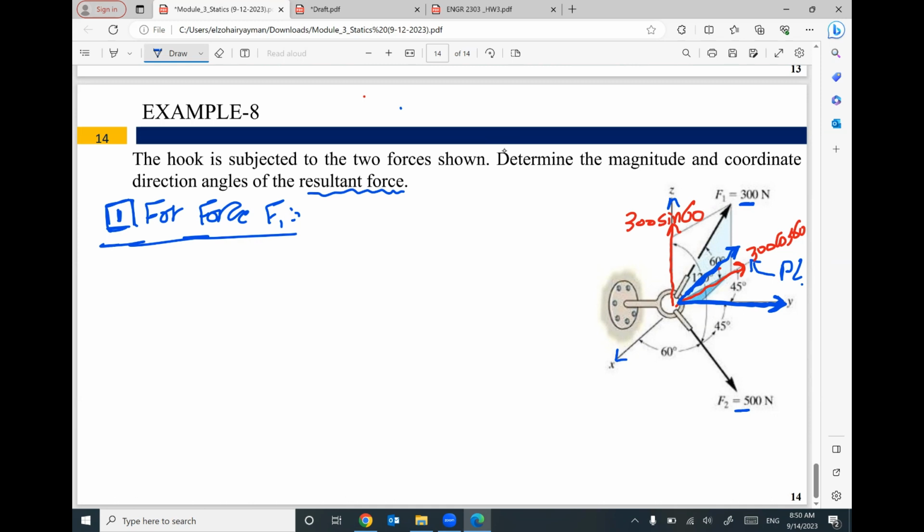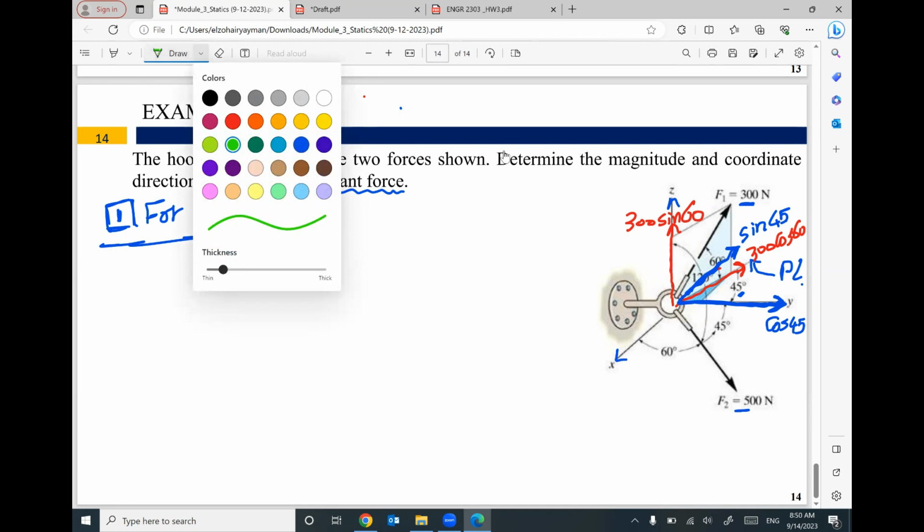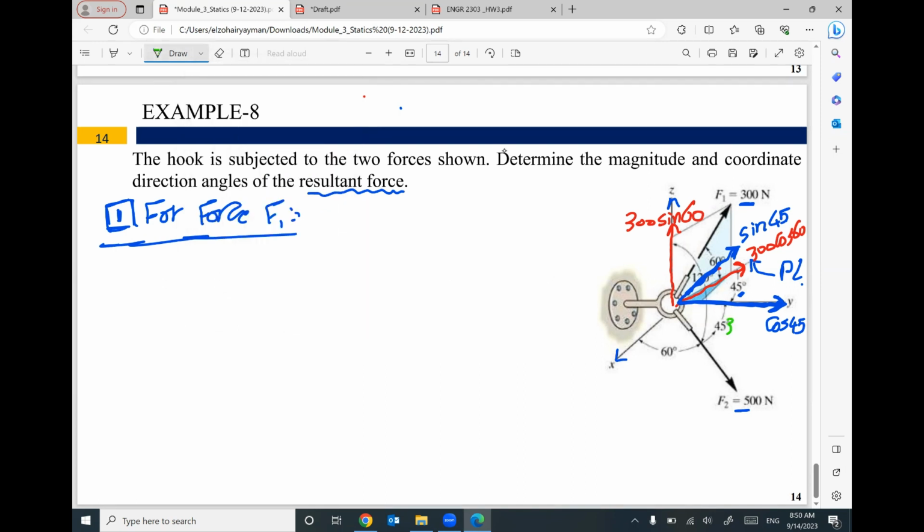If you look between the two blue lines, you will see an angle equal to 45 degrees, this one. That means the Y component will be cosine 45 degrees because this one is adjacent to 45, and the other one will be sine 45 degrees. Don't forget to include the value of the projection line, which is 300 cosine 60.